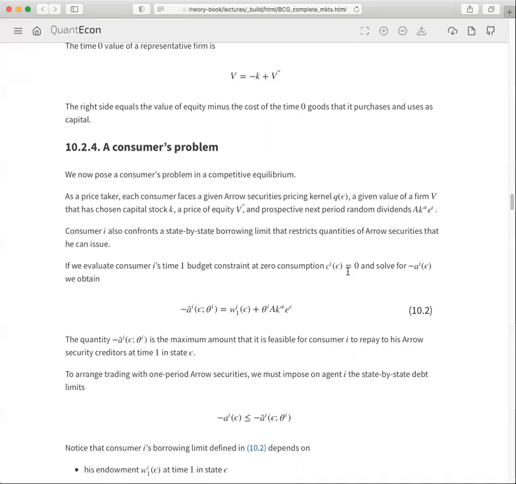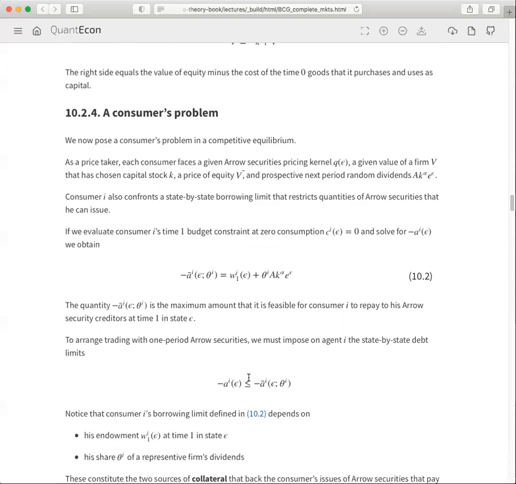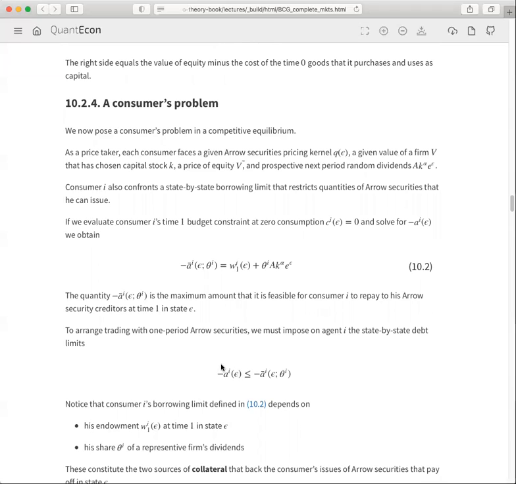So that's the most he could pay. That's going to be his borrowing limit. This number is the maximum amount that the person could repay to his Arrow security creditors at time 1 in state epsilon. So when the person issues Arrow securities, we're going to impose this borrowing limit. If you check the signs, I think this is done correctly.